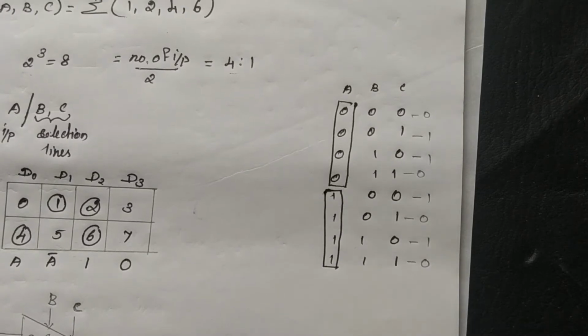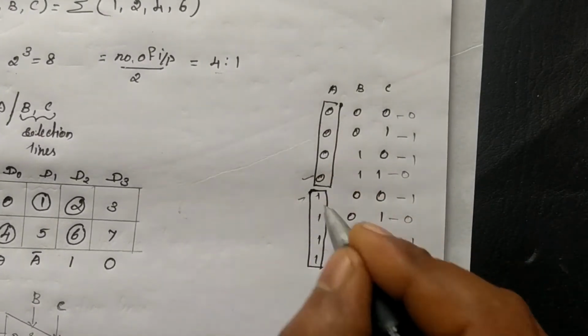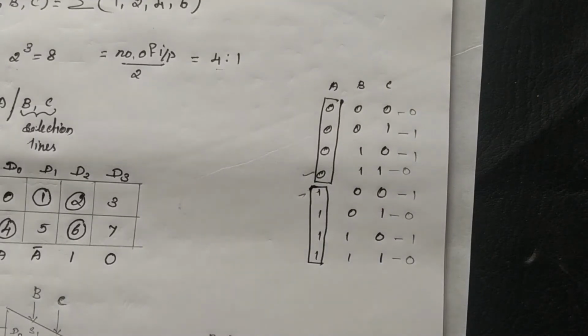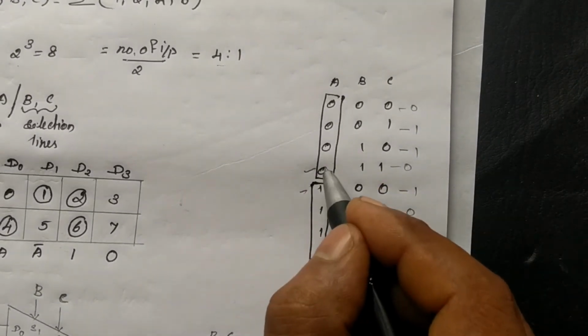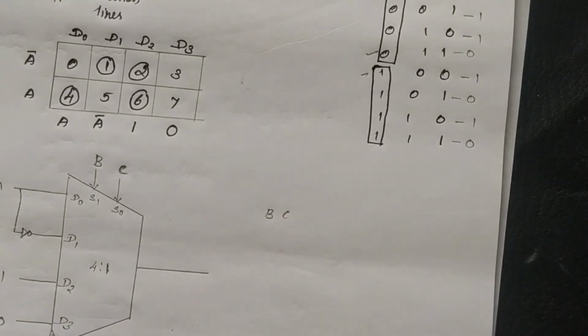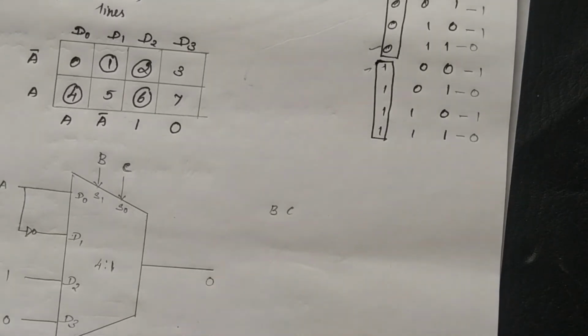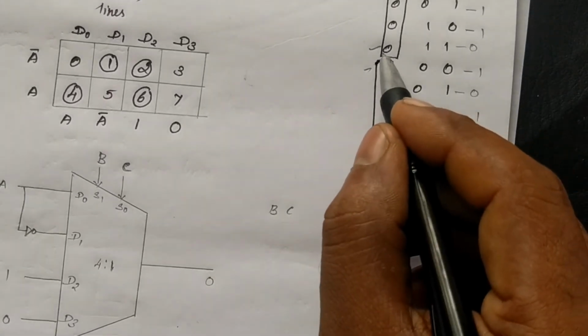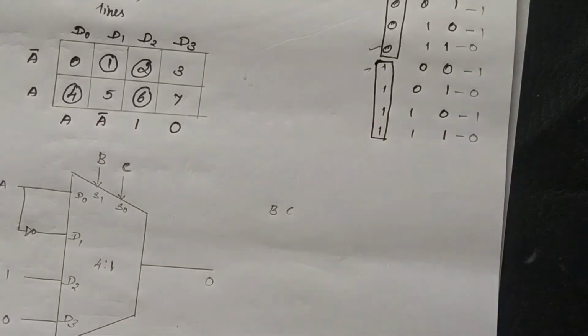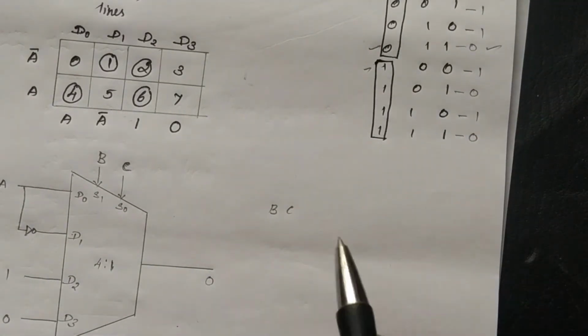Now I am checking these two conditions. Initially, for the selection lines 1 1, D3 will be selected and the respective input is 0, therefore this 0 will be passed to the output. So for the input condition 0 1 1, we get the output as 0. That condition is verified.